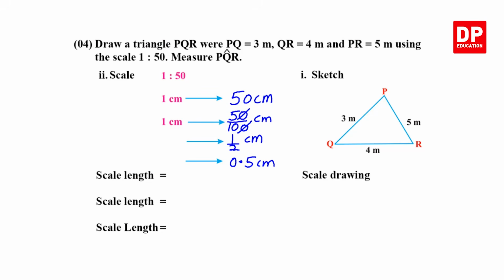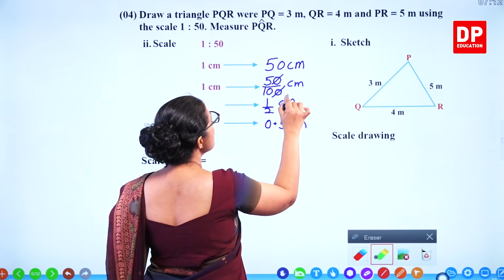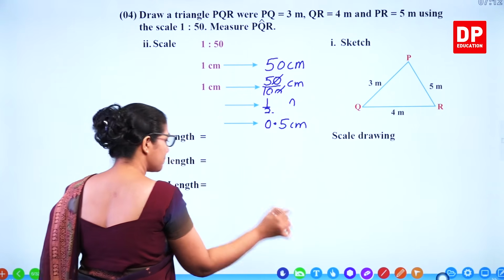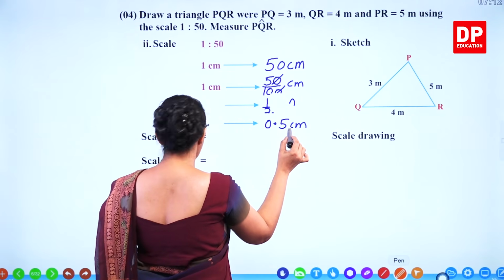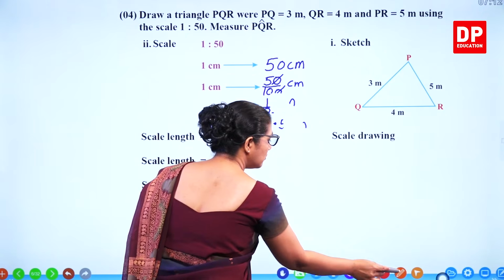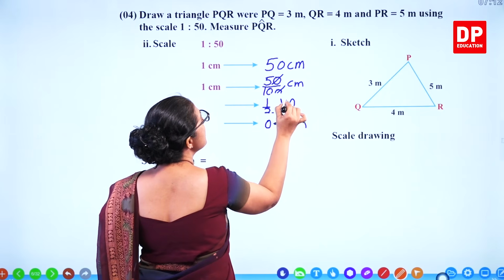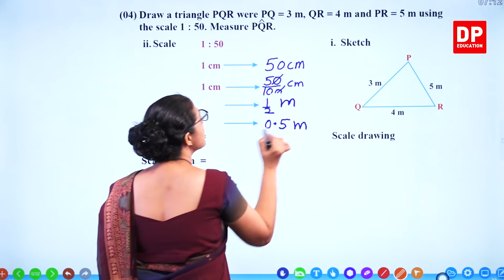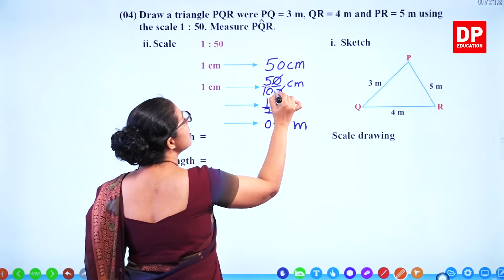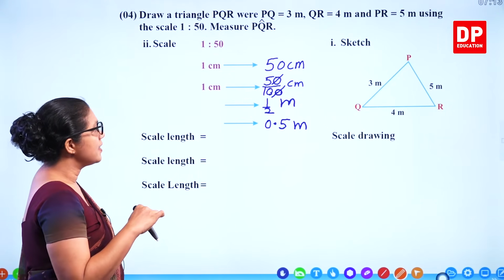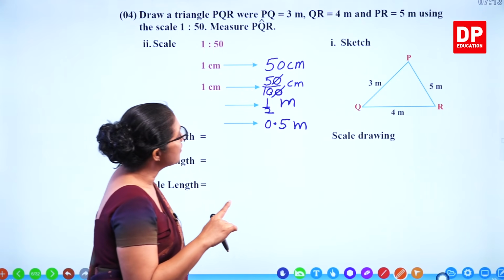Now we know 1 centimeter represents 0.5 meters. These two we convert to meters. So half meters and 0.5 meters, because we converted to meters by dividing this one by 100.